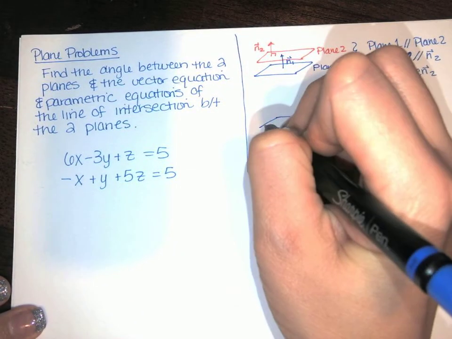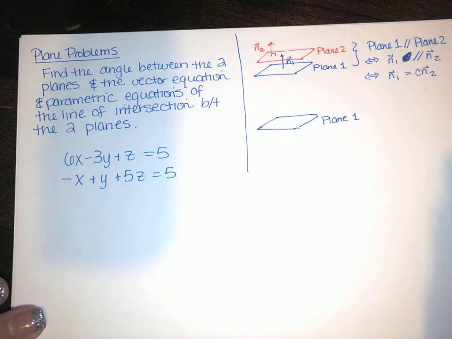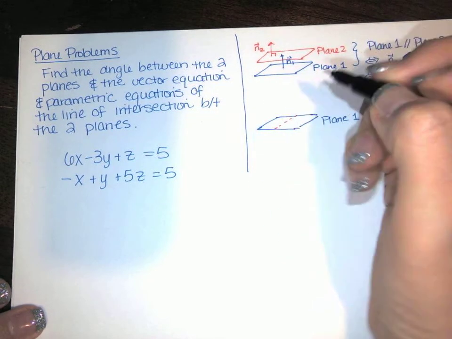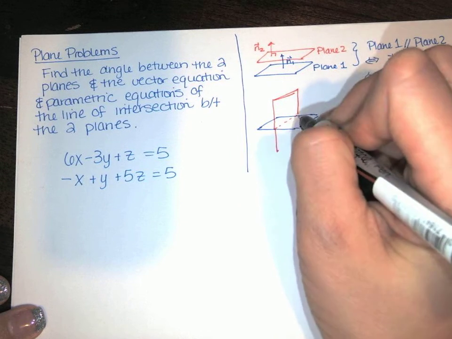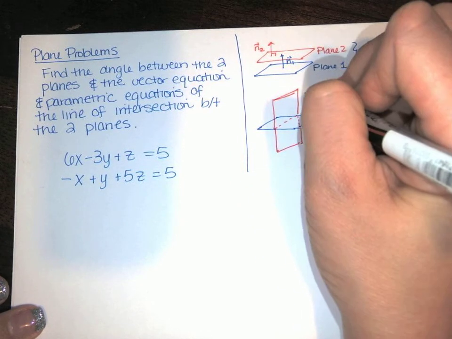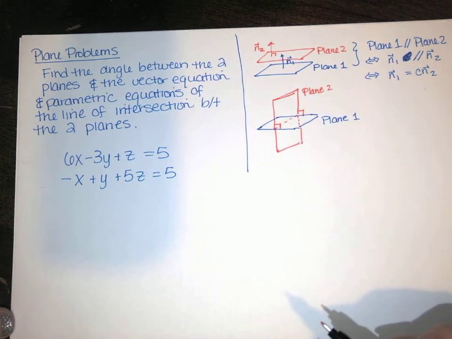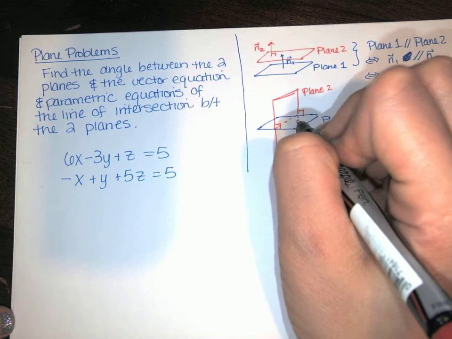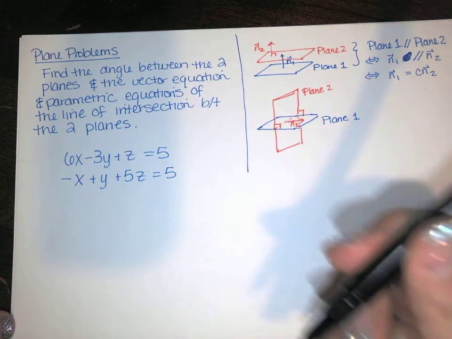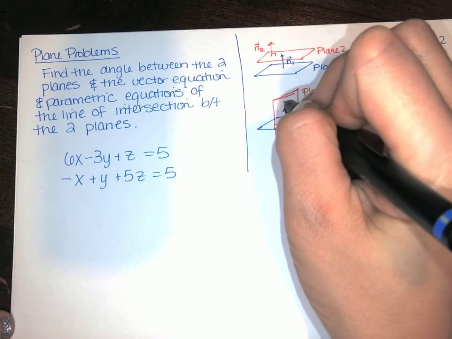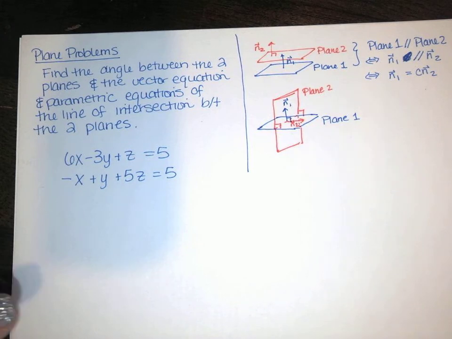We also said that if the planes meet at a 90-degree angle, well, if that's the case, the normal vector to this plane, it's N2, and the normal vector to plane 1, N1, those have to be perpendicular to each other or orthogonal to each other.